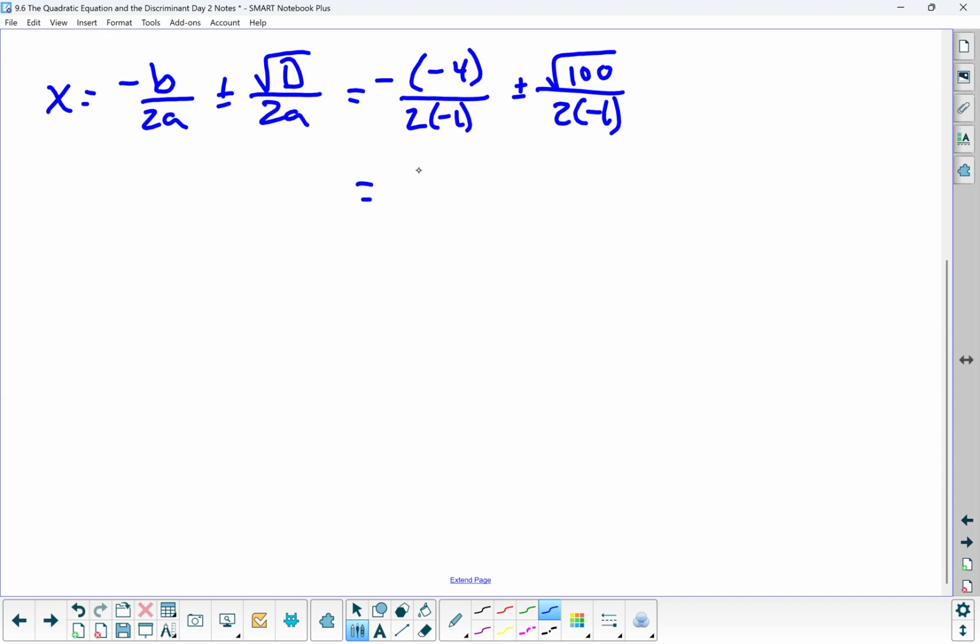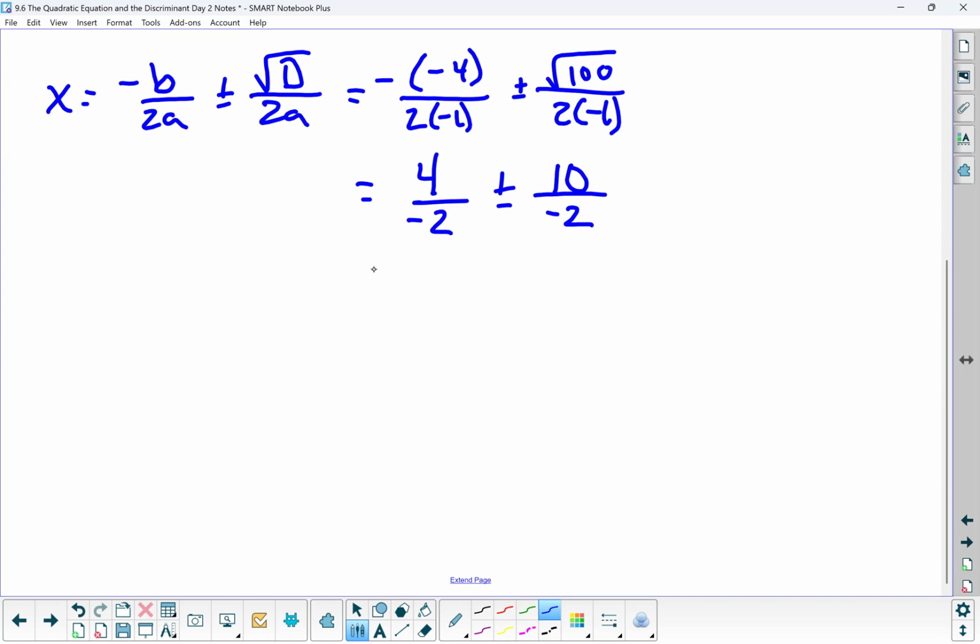Opposite of -4, +4. 2 times -1, -2. Plus or minus. The denominator, 2 times -1 is -2. Square root of 100. Well, if I check my perfect square list, the square root of 100 is 10.